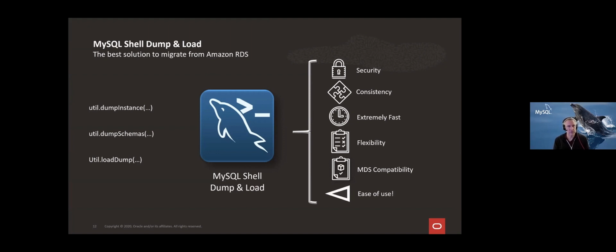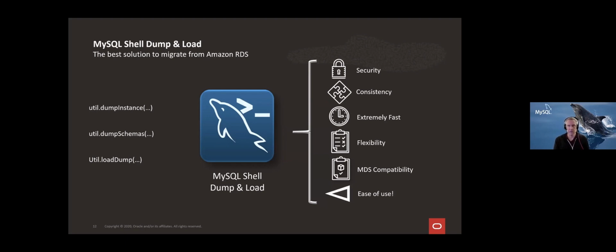The latest version of MySQL Shell, which is 8.0.22, has functions that are very useful for migrating from on-premise to Oracle MDS, or from RDS to Oracle MDS.